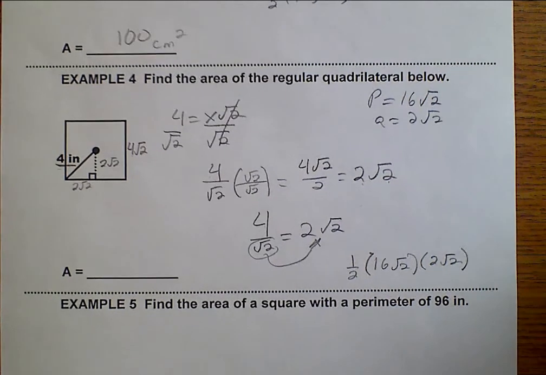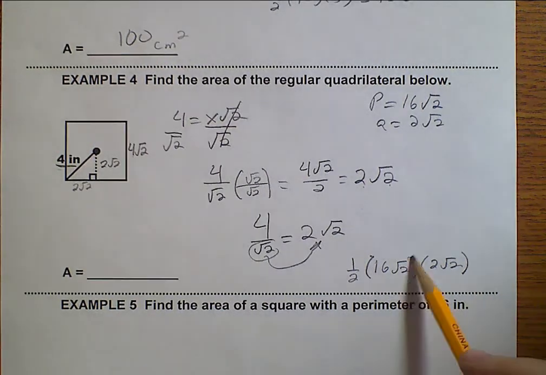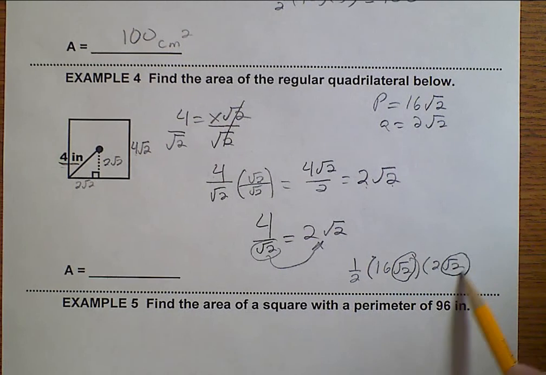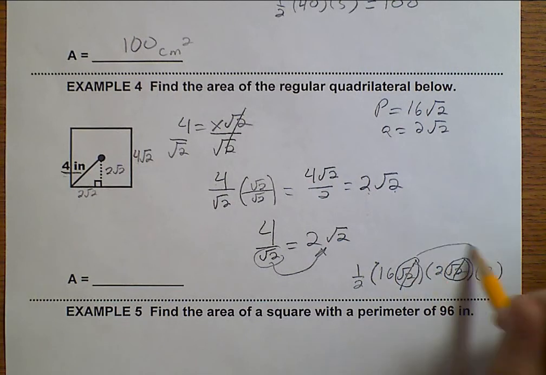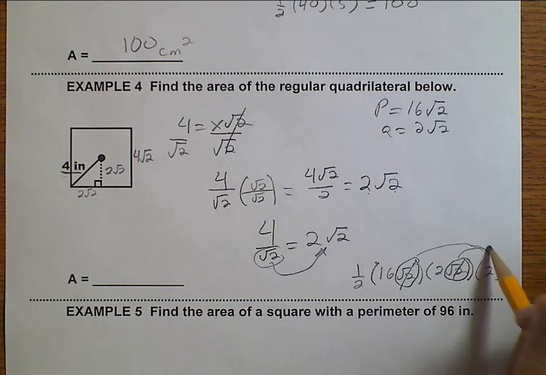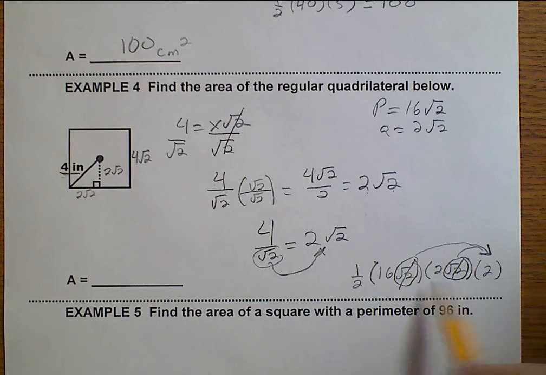Now, you might remember from yesterday that when we had the square root of 3, we just kind of ignored it and put it back. That was because we only had 1. Today, we have 2 of them. So this is essentially, if I cross those off, I just multiply by 2 again. Those crossed off and turn into a regular 2.